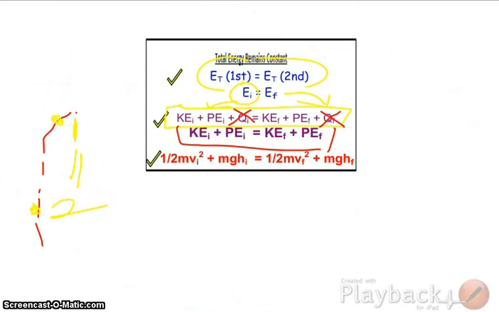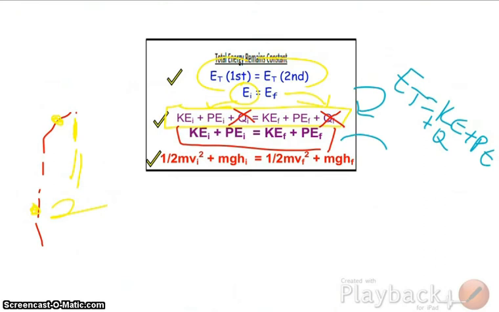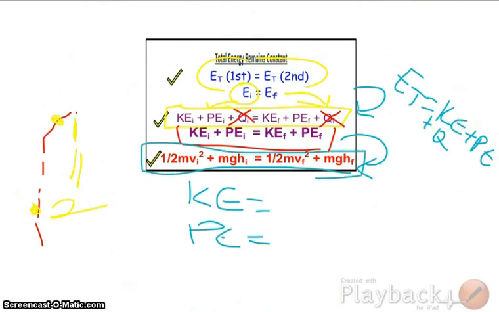Now we expand it even more. From here to here, we said ET equals KE plus PE plus Q. From here to here, we just put in what kinetic energy equals and what potential energy equals. And we expand it out more, and we get this big equation. Now this big equation is nice and useful.